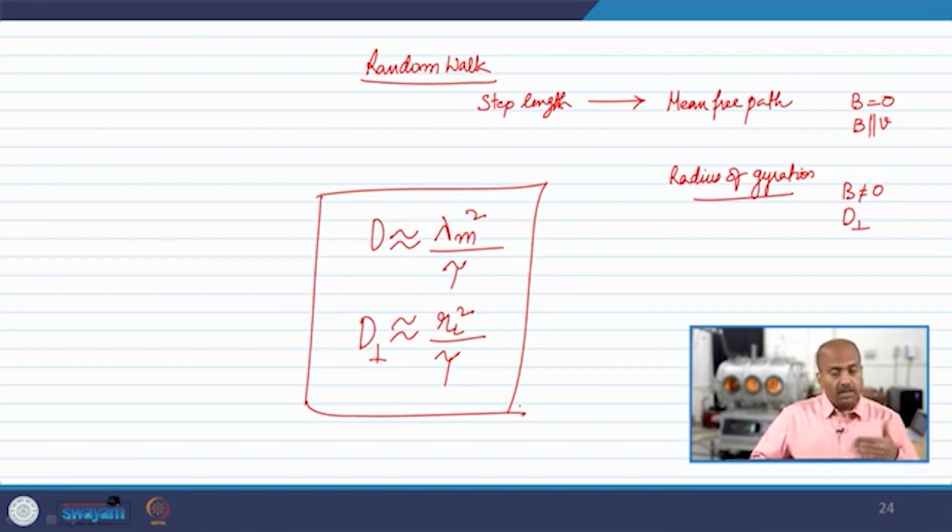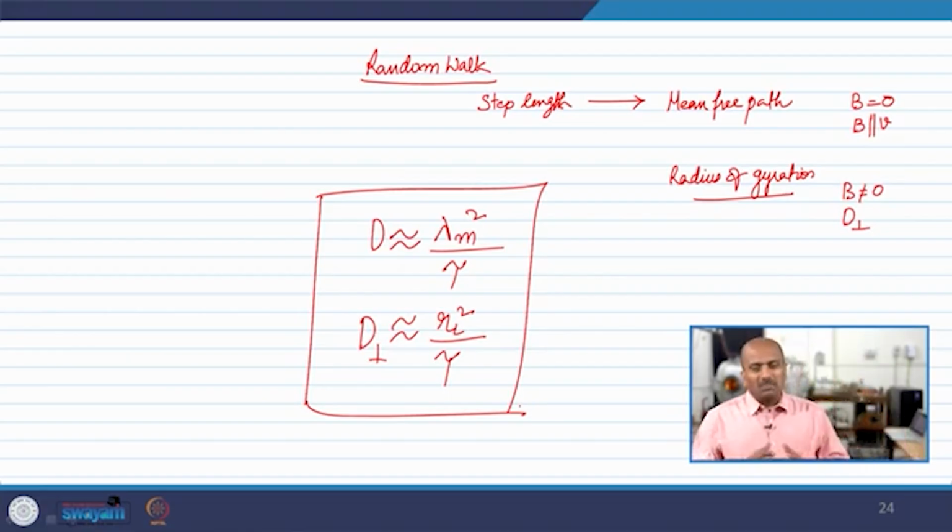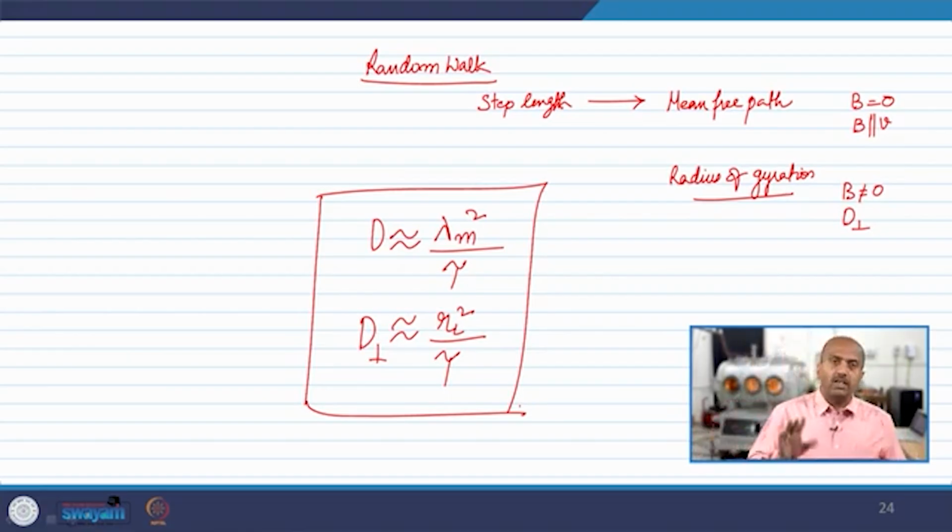There are many neutral atoms or neutral species present in addition to the electrons and ions. Simply put, diffusion of weakly ionized plasma in the presence of a magnetic field is a random walk process with a step length of radius of gyration. Diffusion of weakly ionized plasma in the absence of magnetic field is a random walk process with a step length of mean free path.